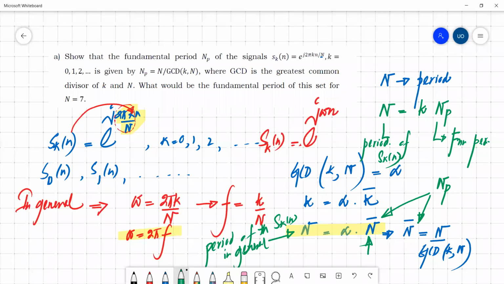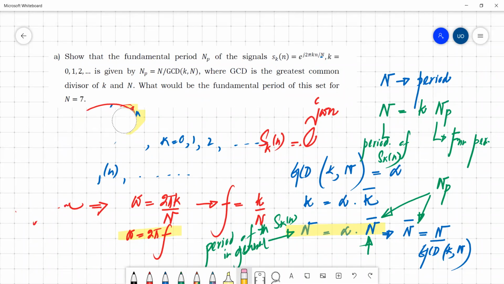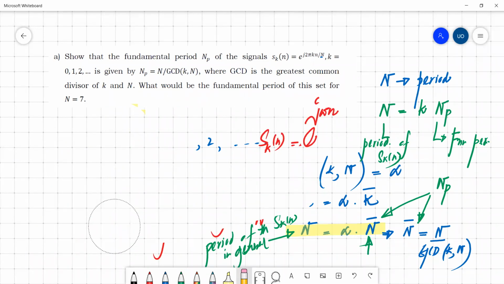So then, okay, you have to find the fundamental period for this.